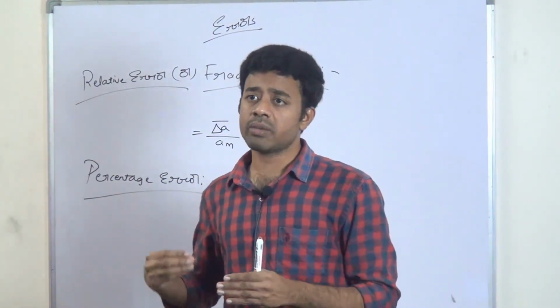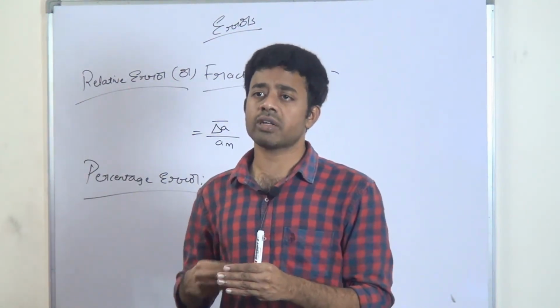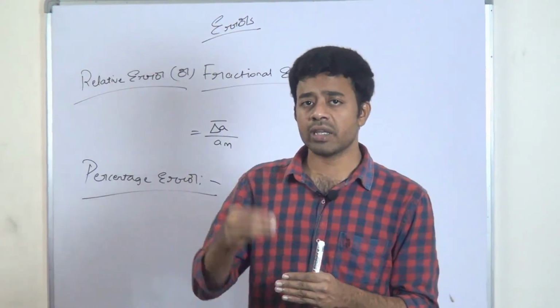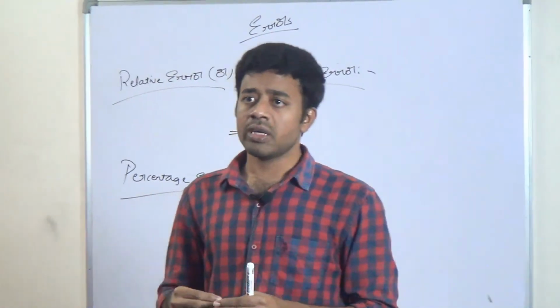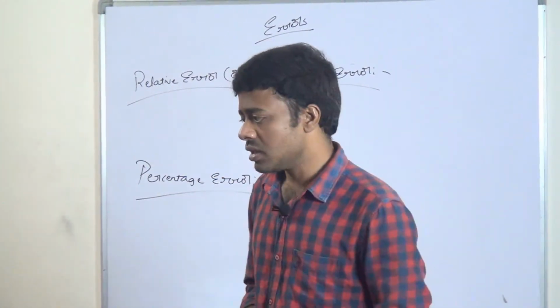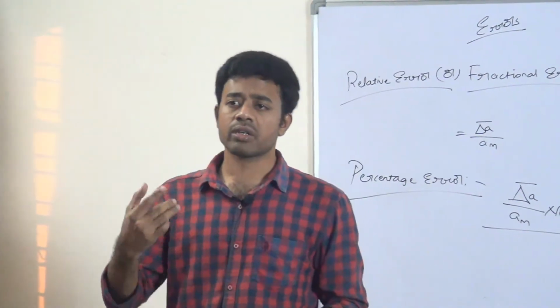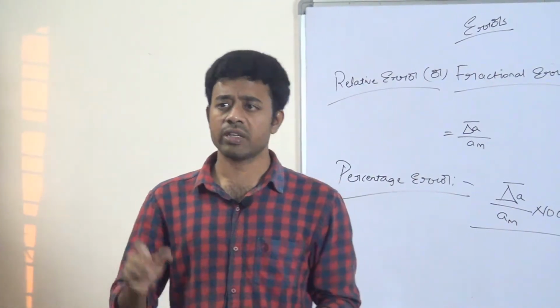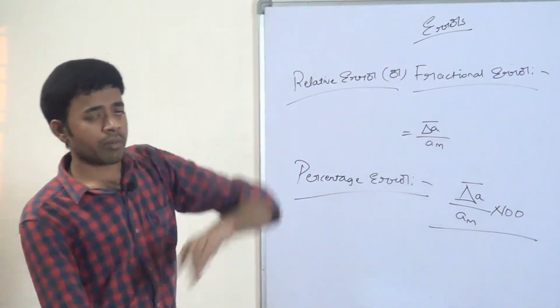The difference between the mean value AM and A1 gives the absolute error for A1. So delta A1 is equal to the mean AM minus the value A1. In the same way you can find absolute errors for A2, A3 and A4, and any other values. That is what we did in the previous slide.